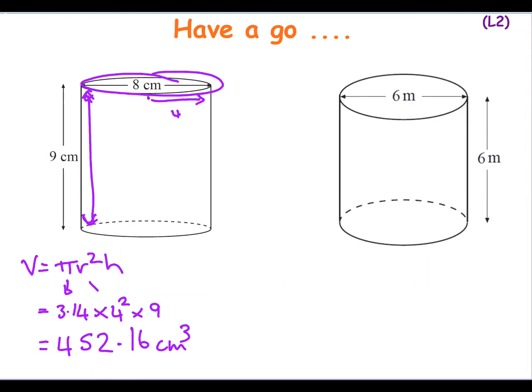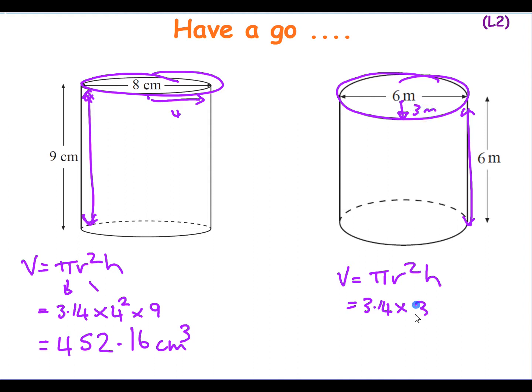Okay, let's take a look at our cylinder on the right. So if you ever forget what the formula is for the volume of a cylinder, just remember the area is pi r squared for the circle, and you're multiplying it by the third dimension, which is the height. So we know that pi is 3.14. We know when they're together we multiply. Now the radius, they've given us a diameter of 6, so the radius is half that distance.